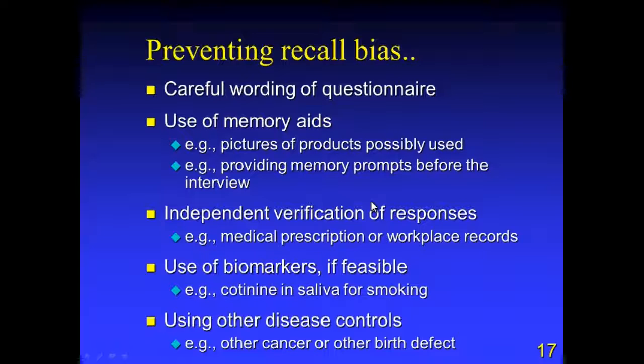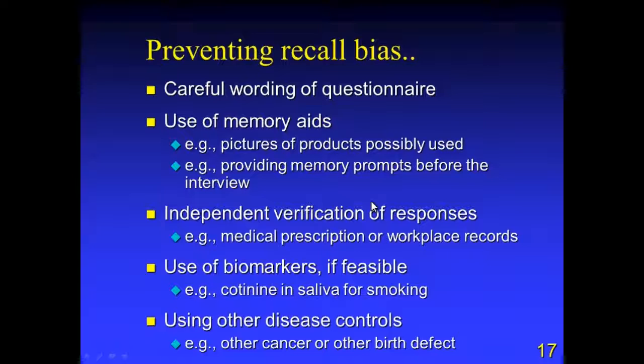If it's possible to get independent verification of responses, in other words, not just to rely on people's reporting of whether they've been diagnosed with various illnesses in the past, if you can get access to medical records or even medical prescription or workplace records, they may be able to verify some of the responses.